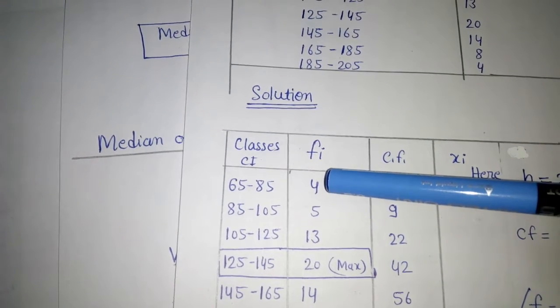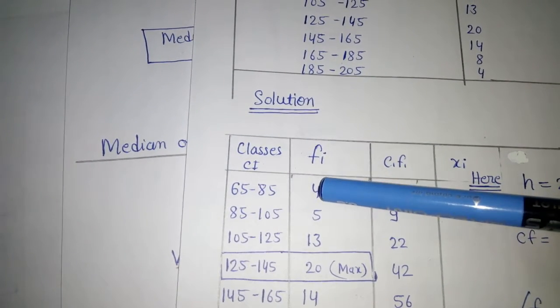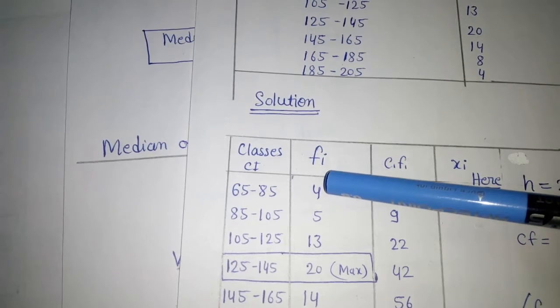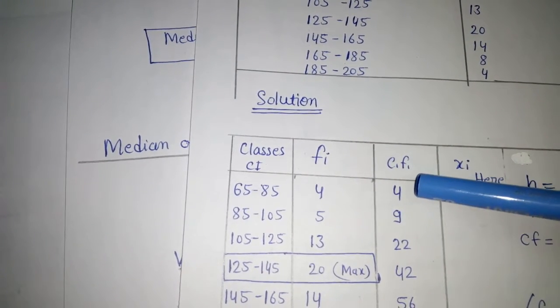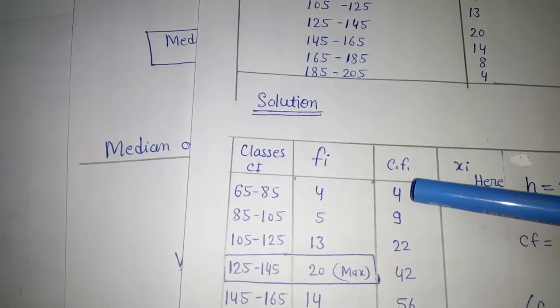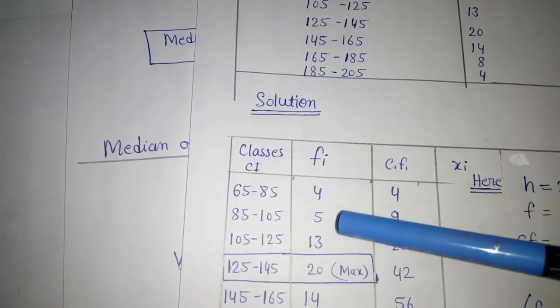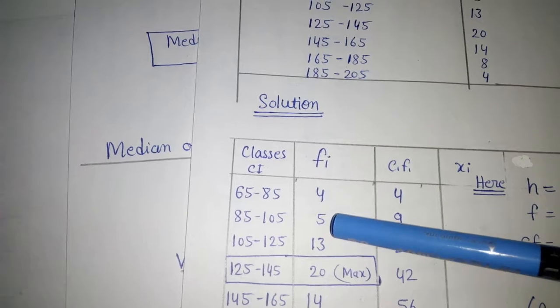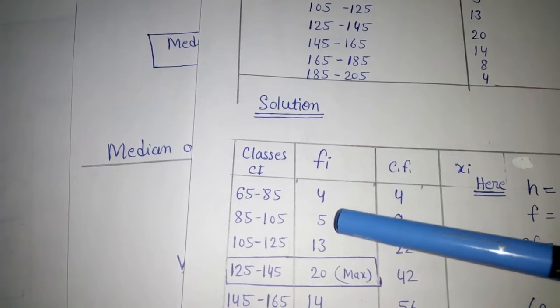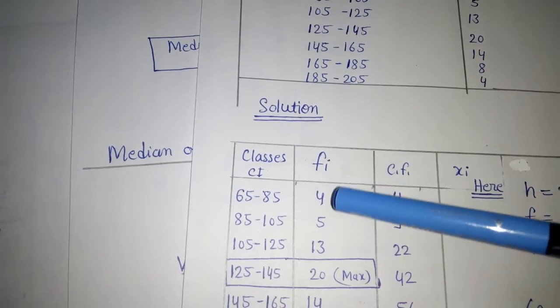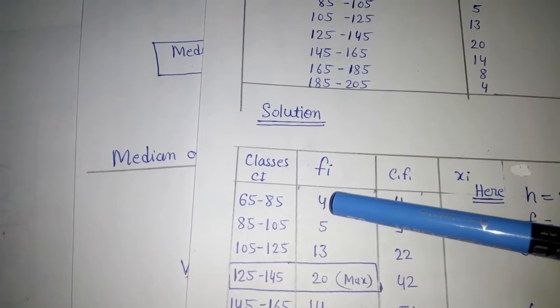You can understand it better here also. The frequency of this group was 4, and the cumulative frequency was 4, the same. The frequency of this was 5, but the cumulative became 9 because this frequency has been added to the previous frequency.